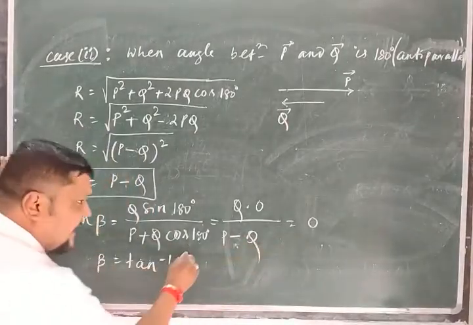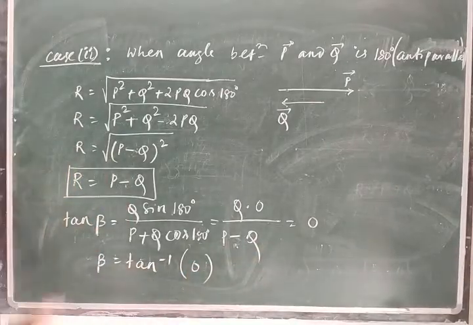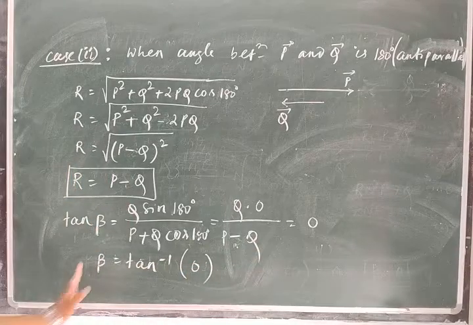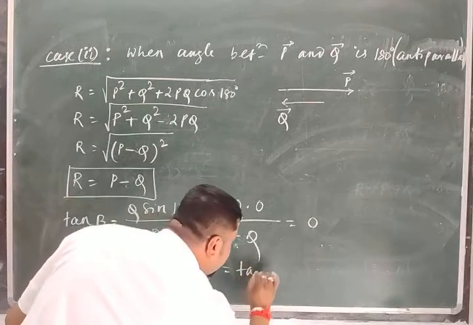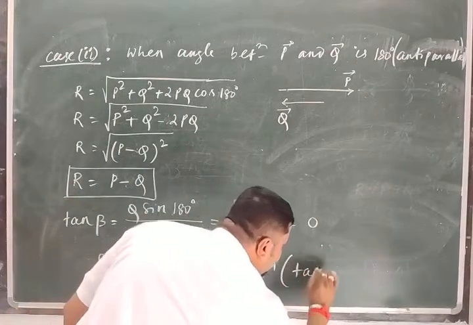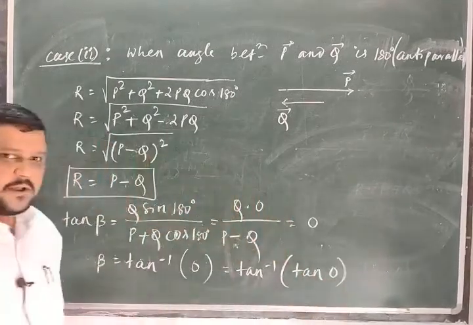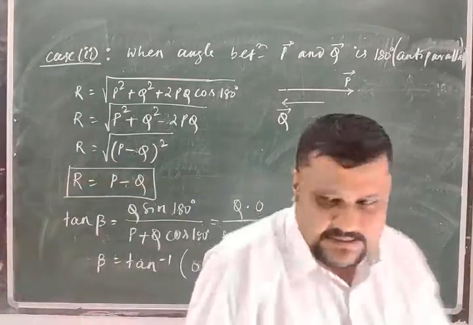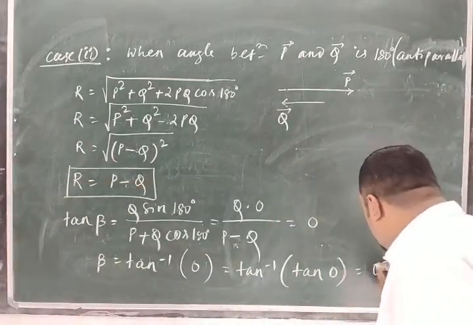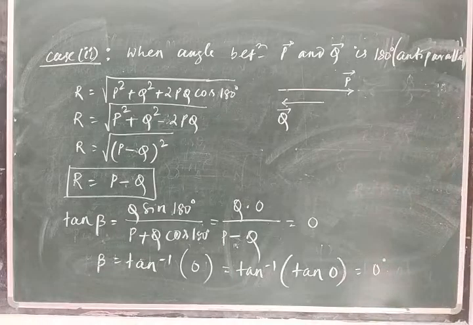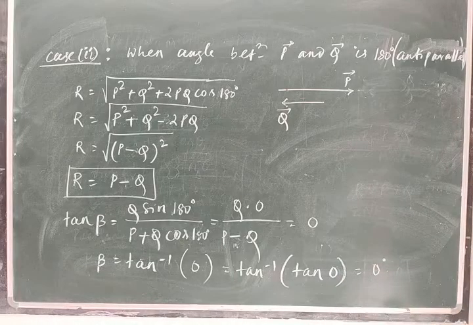So beta is equal to tan inverse 0. Clear? Beta is equal to tan inverse 0, which gives tan inverse tan of 0. So tan of 0 means beta is equal to 0 degrees.